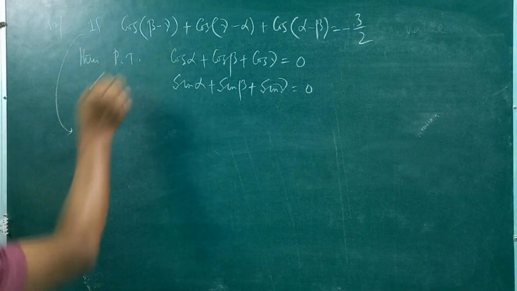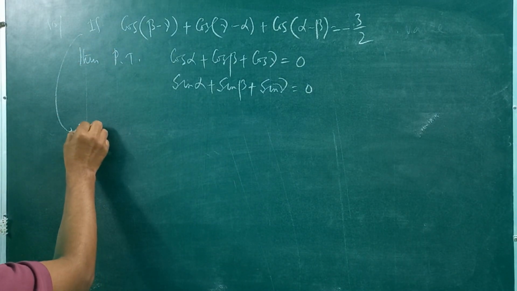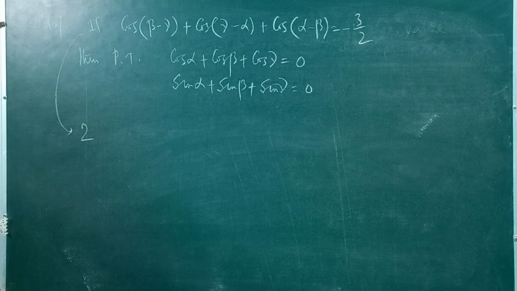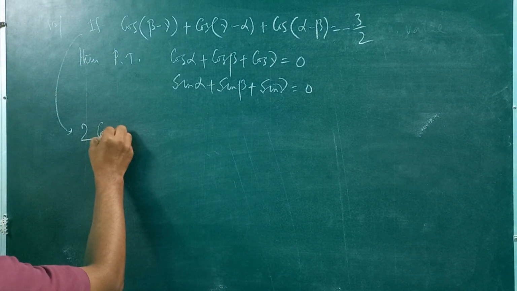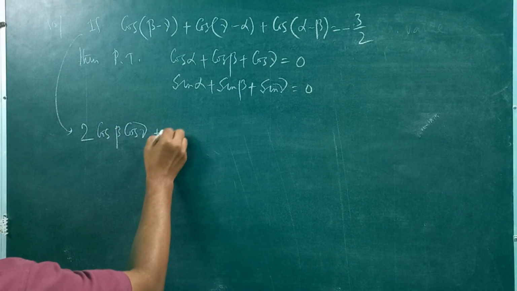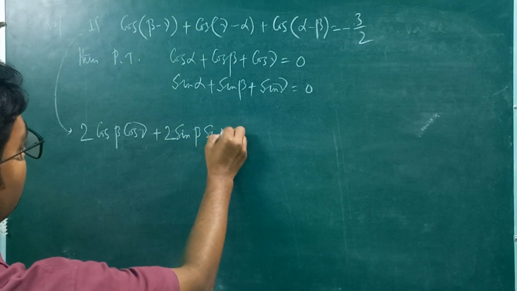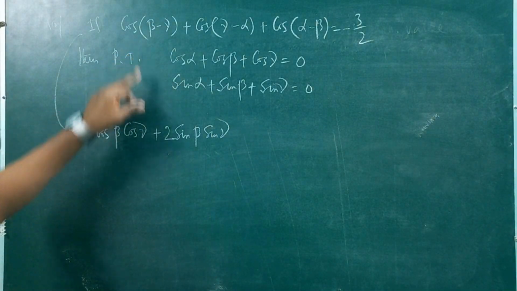So if you break them and take this 2 to the left hand side, the first term becomes 2 cos beta cos gamma plus 2 sin beta sin gamma. That is for the first term.